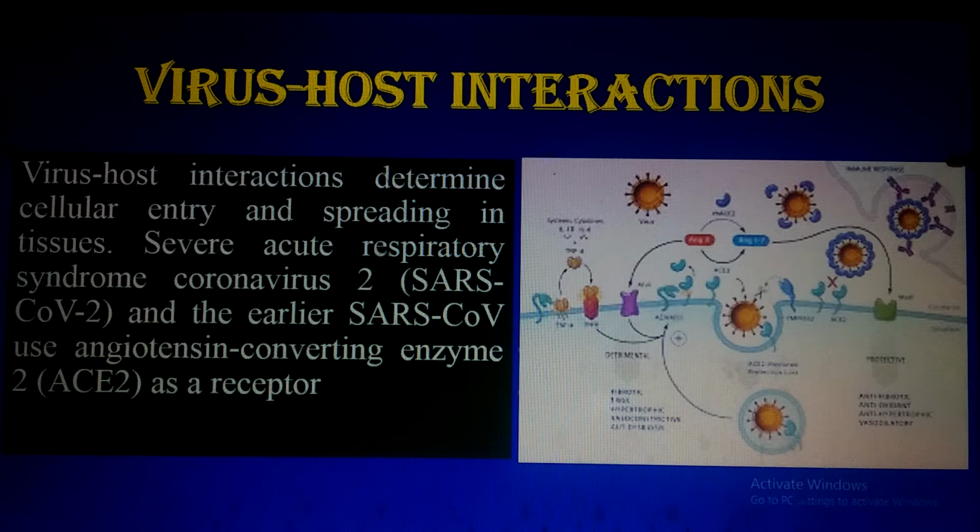So first of all, I will give you the introduction about virus and host interactions. Virus-host interaction determines cellular entry and spreading in the tissues. Severe acute respiratory syndrome coronavirus 2, and the earlier SARS coronavirus, use angiotensin converting enzyme 2 as a receptor.